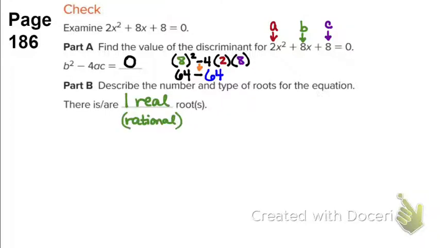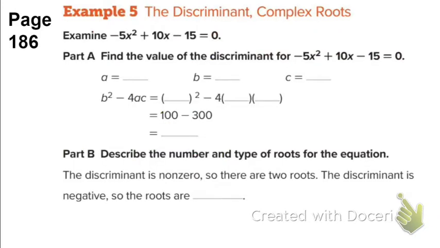One real rational root. All right, let's go look at an example again. Example number 5, page 186. We're going to find the value for the discriminant of negative 5x squared plus 10x minus 15 equals 0. Always make sure that it's set equal to 0 before you get started.